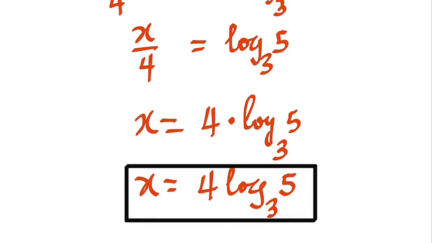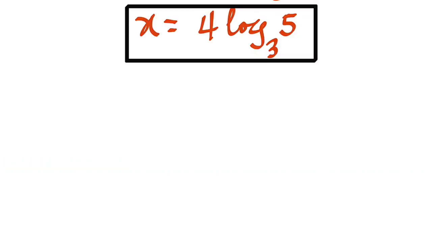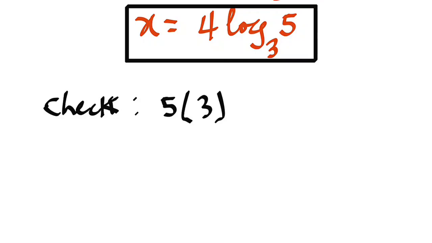Now let's check whether what we have is right or not. From the equation given to us, we are given 5 times 3 to the power of x over 4 equals 25.